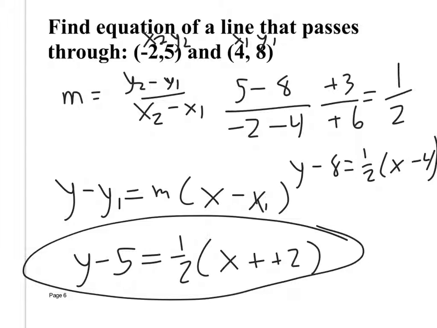And the reason why is if I was to solve both of these into slope-intercept form, solve for y, distribute the 1/2 and then add 5, and then distribute the 1/2 and add 8, you get the exact same thing. That's why either one of these work. So the only thing you got to do for point slope form is find your m, and then it's just a fill in the blank. Any questions? All right, let's do one more.